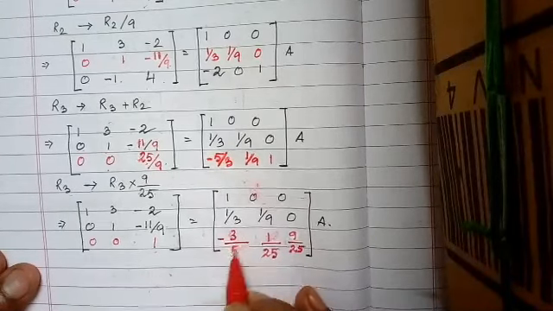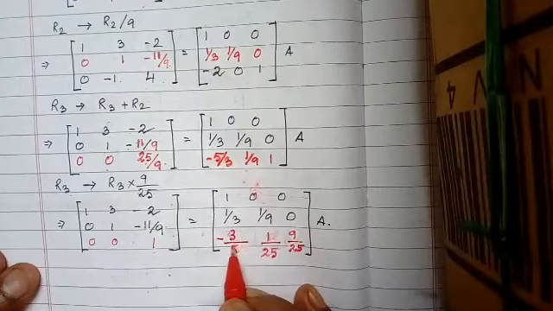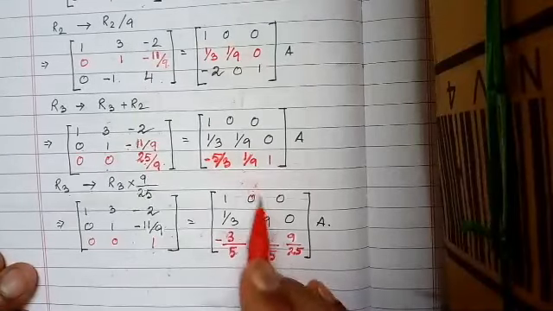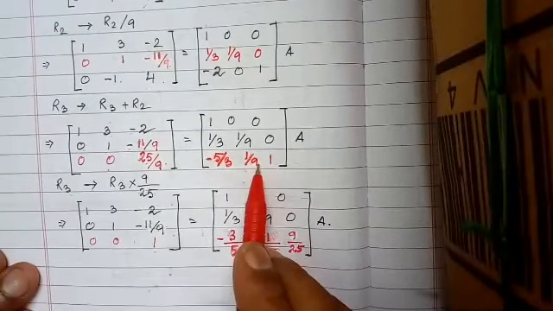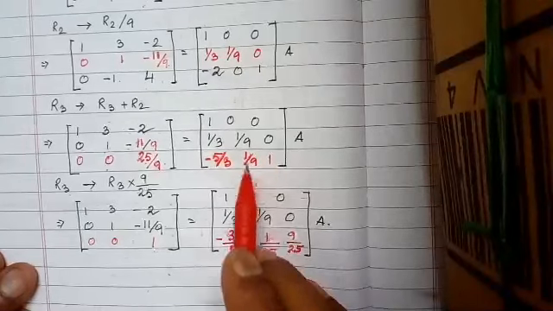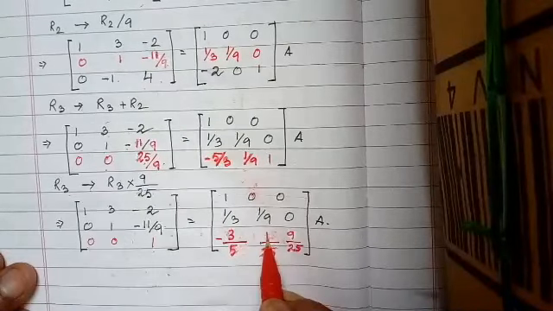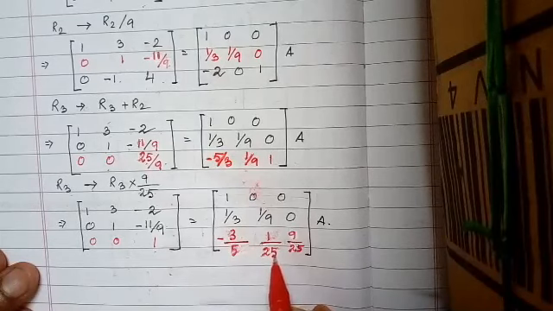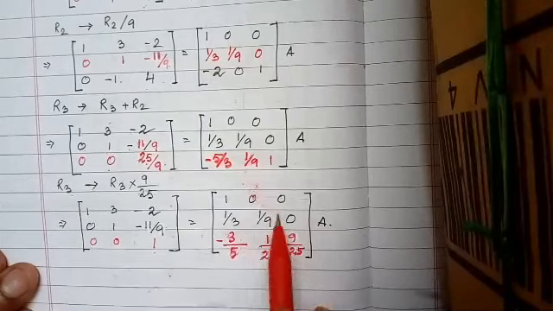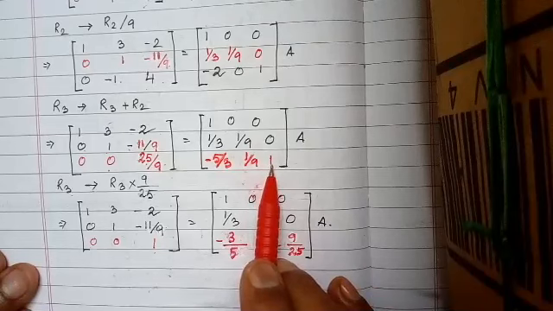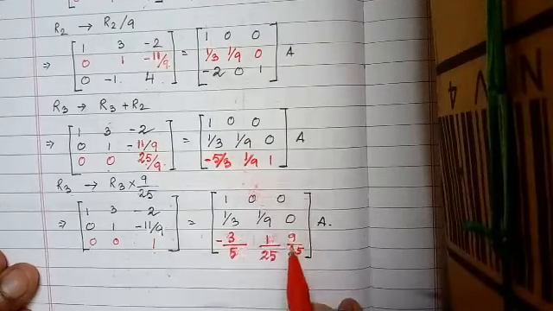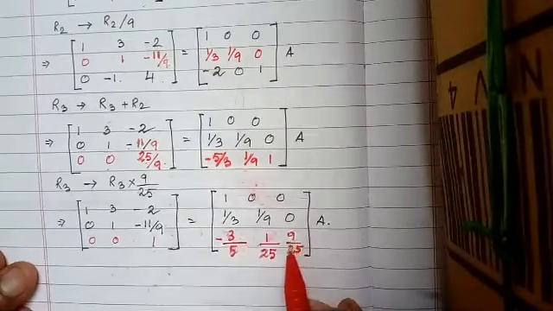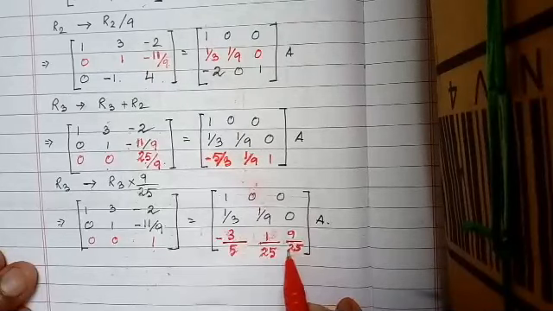Similarly 1 by 9 into 9 by 25, the 9s cancel, and you will get 1 by 25. And last, 1 into 9 by 25, so it is 9 by 25.